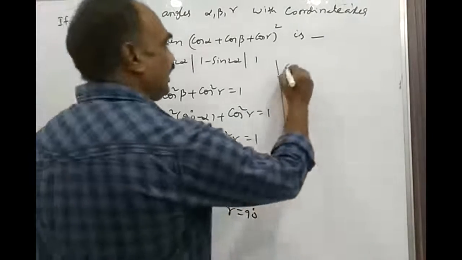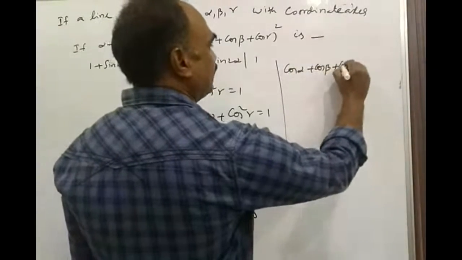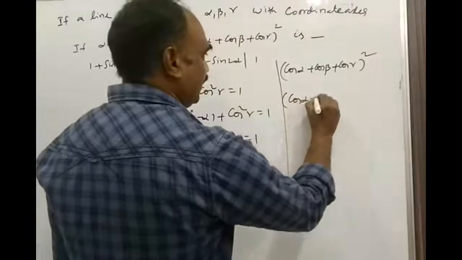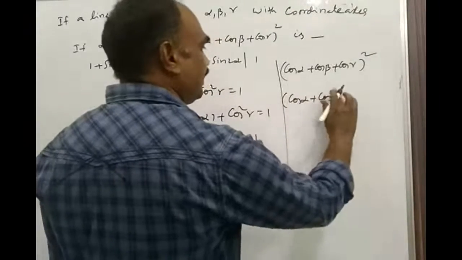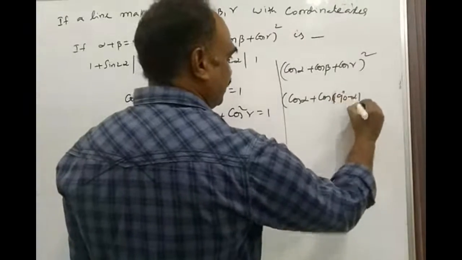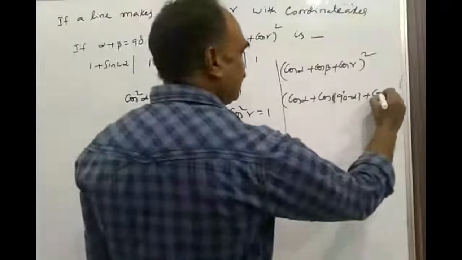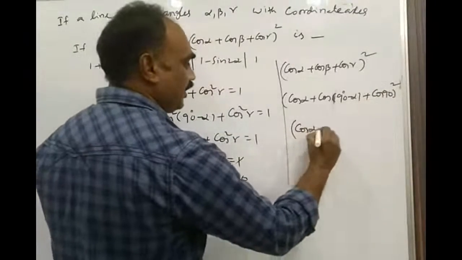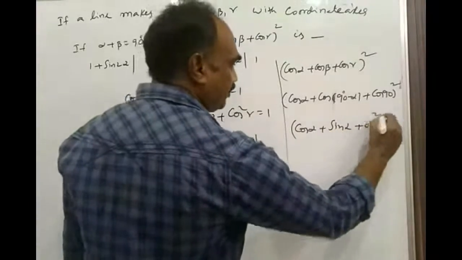So here we calculate (cos alpha plus cos beta plus cos gamma) whole square. Beta is equal to 90 minus alpha, and gamma is equal to 90, cos 90 is 0. So (cos alpha plus cos (90 minus alpha), which is sin alpha, plus 0) whole square.